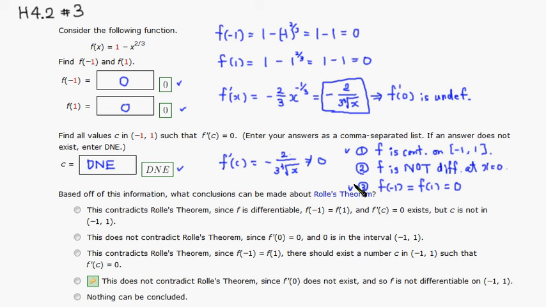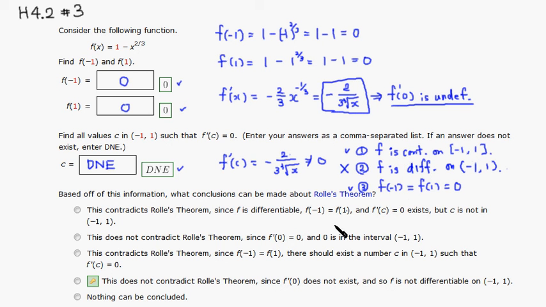The second condition was that it has to be differentiable on the open interval from -1 to 1, but this is violated because f is not differentiable at 0.